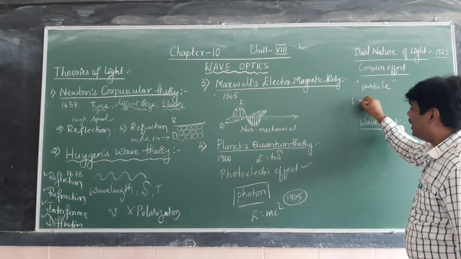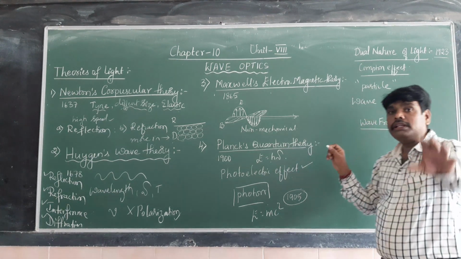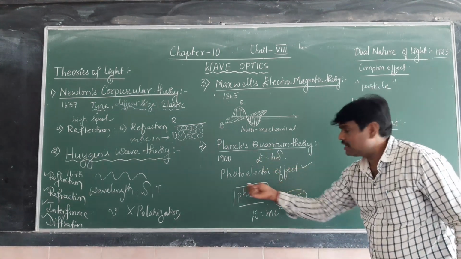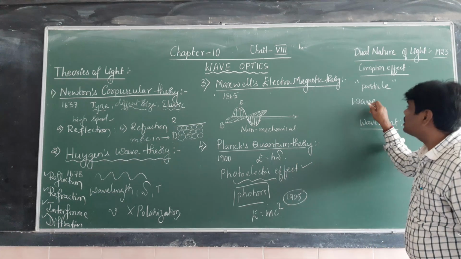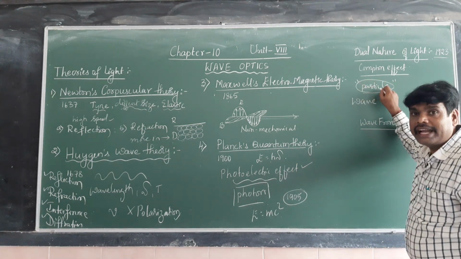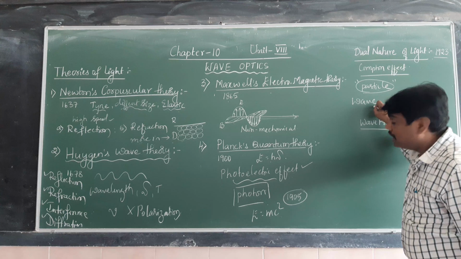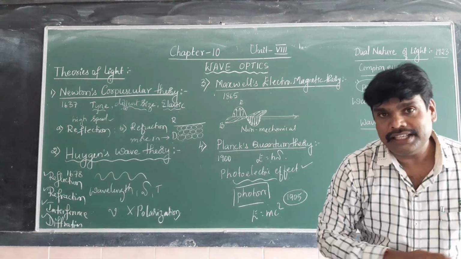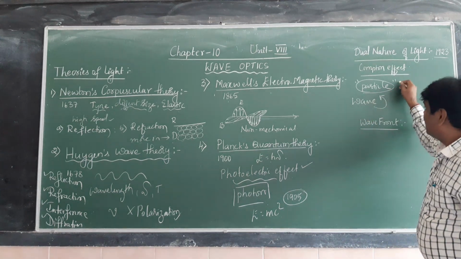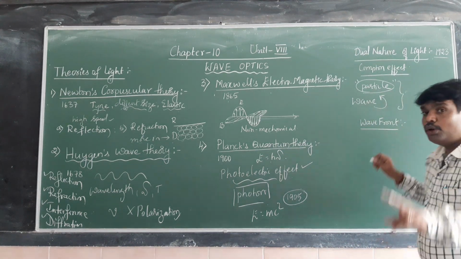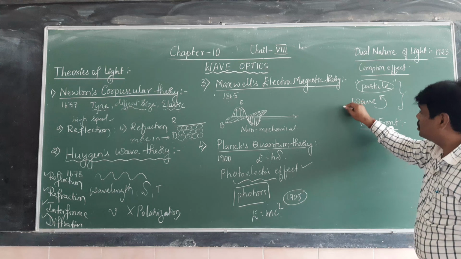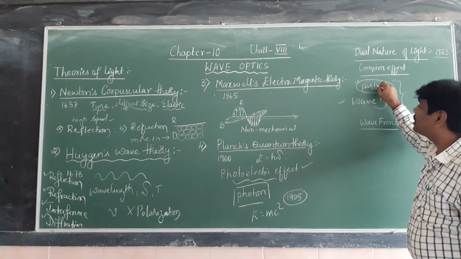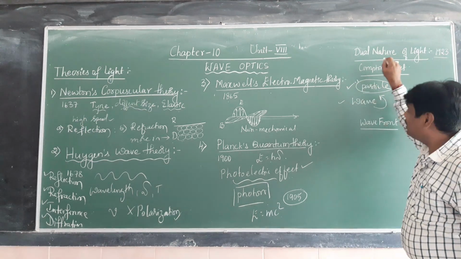Actually, light is a wave, but not in all cases is light considered as a wave. In some circumstances, like the photoelectric effect, light is treated as a particle in nature. Actually, light is a wave in nature, but in some circumstances light is also treated as a particle in nature.